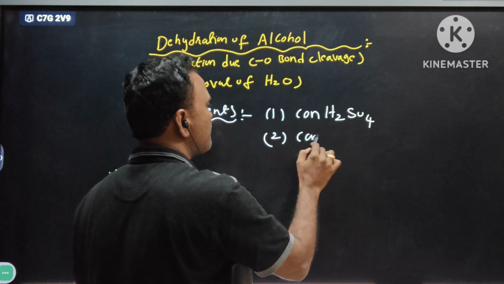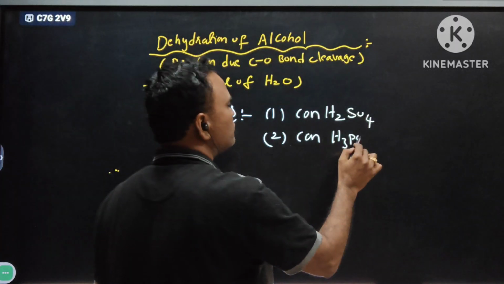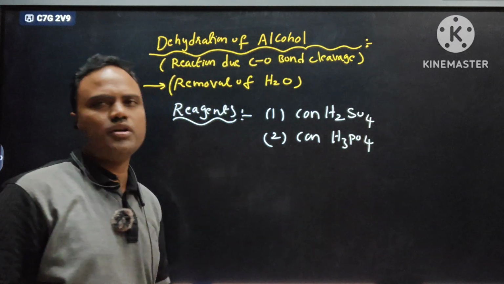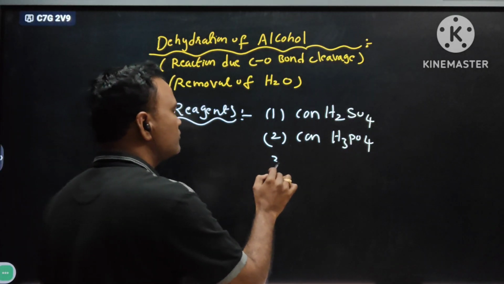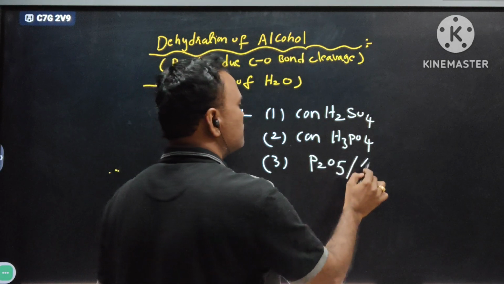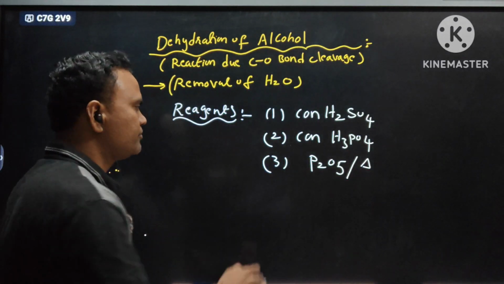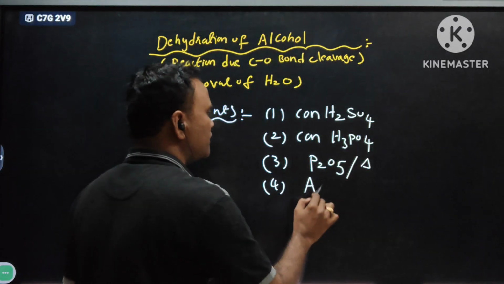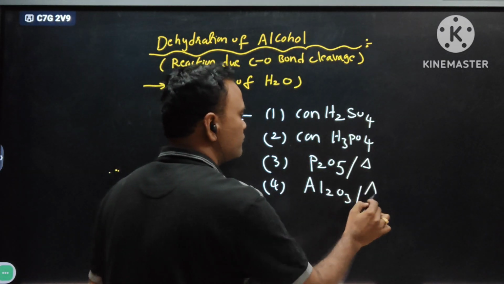Second reagent, concentrated H3PO4, orthophosphoric acid. Third reagent, P2O5, phosphorus pentoxide, with heating. Fourth reagent, Al2O3, followed by heating.